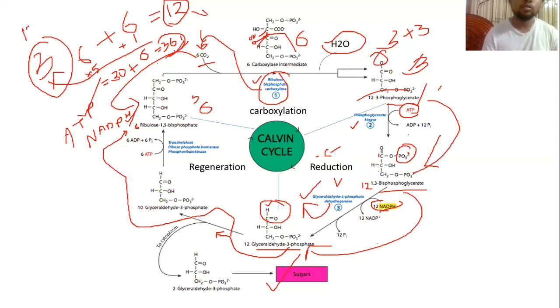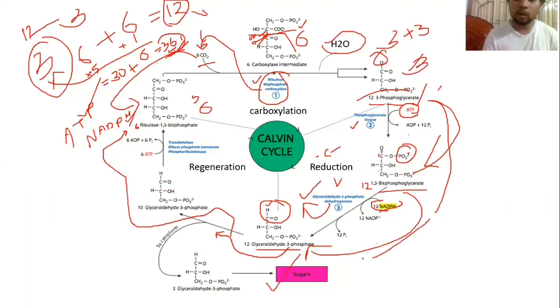So we have 6 molecules of ribulose 1,5-bisphosphate and 6 molecules of carbon dioxide. So a total of 12 molecules of 3-phosphoglycerate will be produced, right? 6 molecules plus 6 molecules, total 12 molecules. And how many carbons?